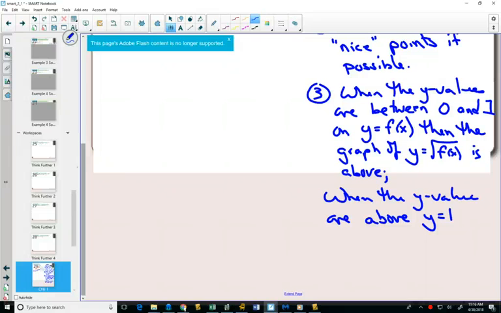And whenever your y values are above y equals 1, your square root graph is going to be below.